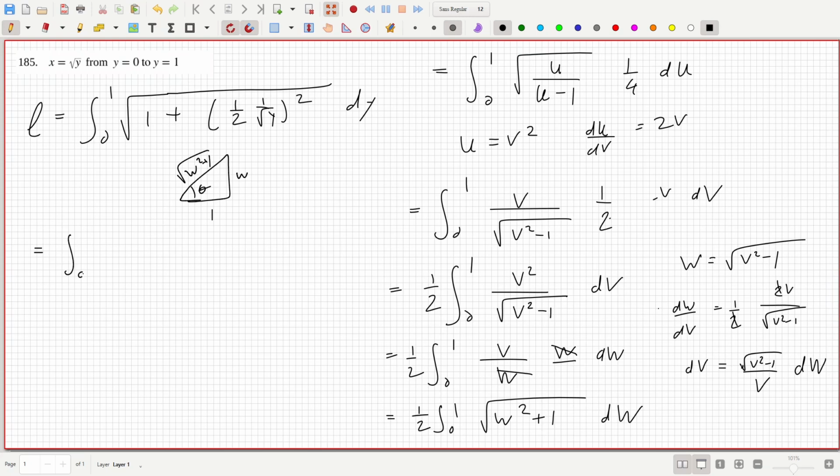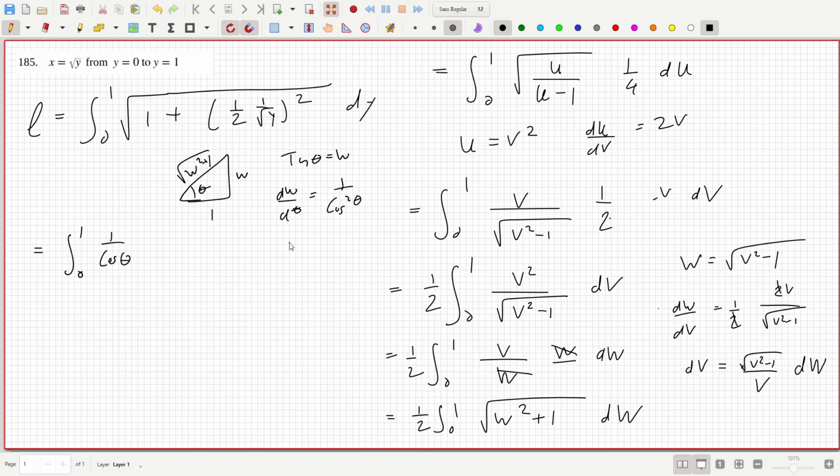0 to 1, or whatever the limits are, 1 over cos theta. But we could say tan theta equals w. So dw d theta, the derivative of tan, which is 1 over cos squared theta.